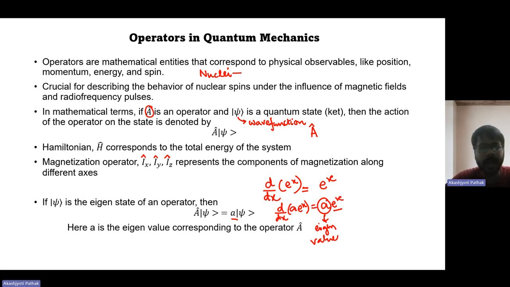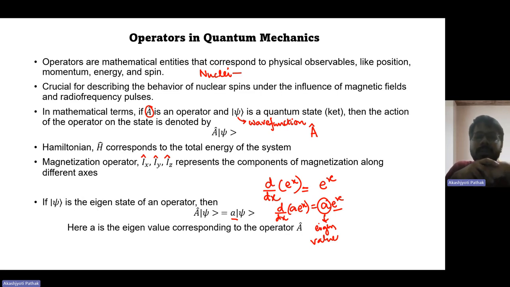Operators act on a wave function, and after they act on the wave function, we get an eigenvalue and the wave function. These are mathematical entities that correspond to physical observables like position, momentum, energy, and spin.